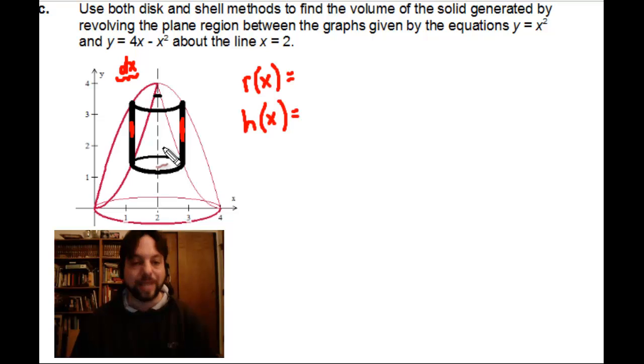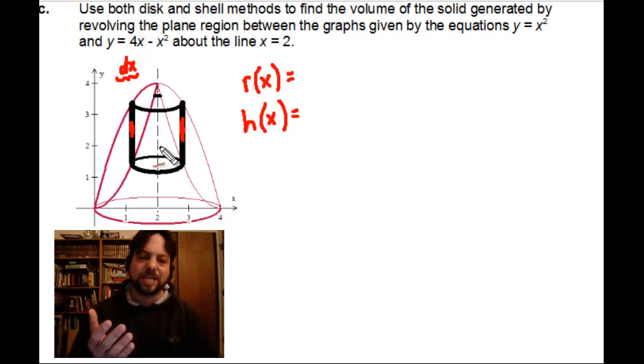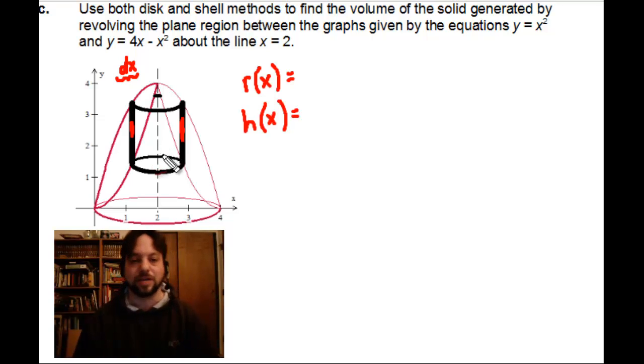So what is the radius of each shell? In most cases, well, in our last 2 examples anyway, we just said x or y, whatever the case may be. But notice that our axis of revolution this time is the vertical line x equals 2. And so what that means is that our radius is actually going to be 2 minus x.